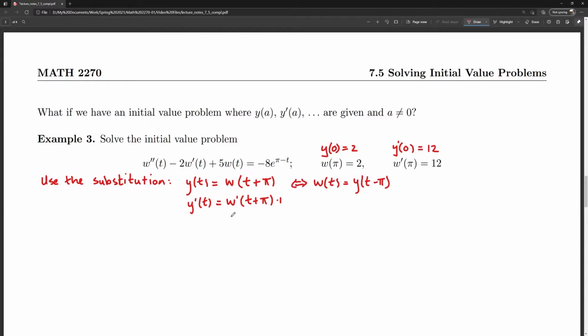So now let's take a look at our differential equation.